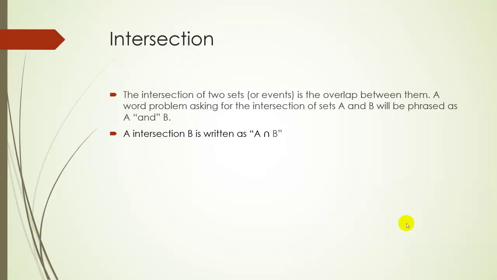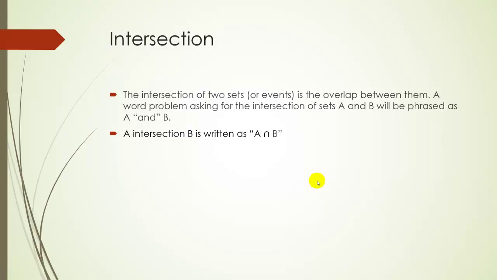Intersection in a word problem is really just the overlap between 2 regions. The intersection of sets A and B would be the overlap between A and B, like the intersection of 2 roads is the overlap of 2 roads. For an intersection, we use the ∩ symbol. It looks like an upside down capital U, but it is its own mathematical symbol.